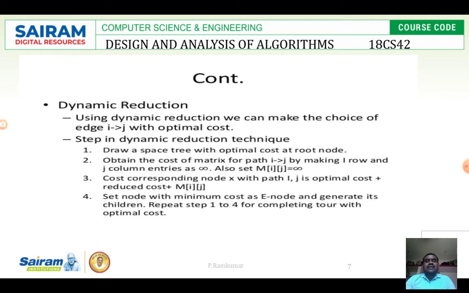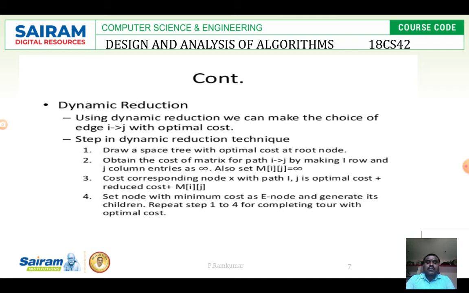So dynamic reduction is another approach. In dynamic reduction, we can make use of the choice where i may go to j with an optimal cost. For that purpose, we have to follow certain steps. Draw a state space tree with optimal cost at the root node.